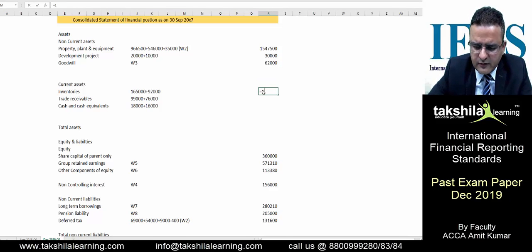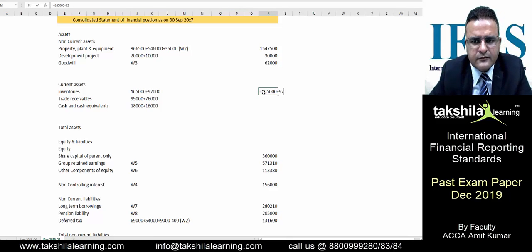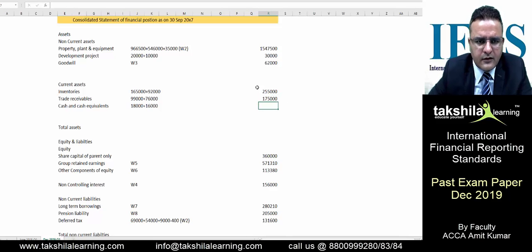Inventory 165,000 plus 92,000 minus 2,000 unrealized profit is equal to 99,000 plus 76,000, which is equal to 18,000 plus 16,000.